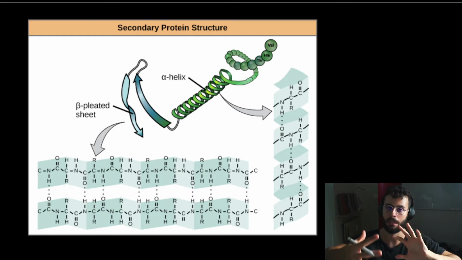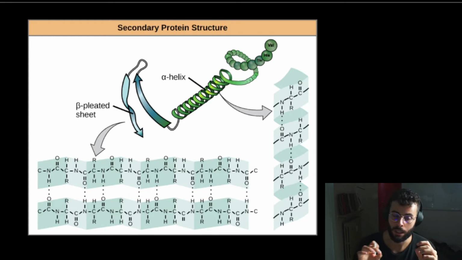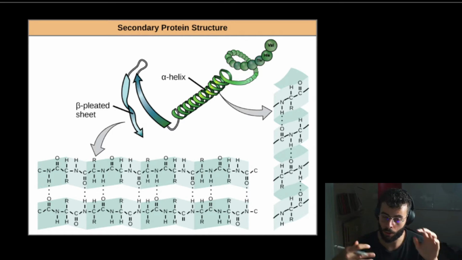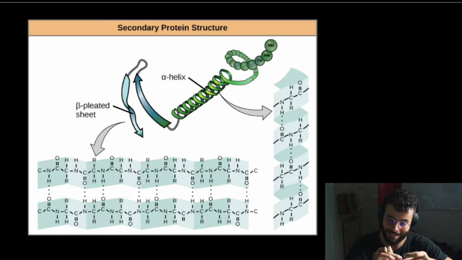And the 3D folding of the actual amino acid sequence will create a specific protein in a specific shape. So every time we have a specific sequence of amino acids, because of all the intermolecular interactions in the surroundings, the sequence of amino acids will want to collapse and create a specific shape.